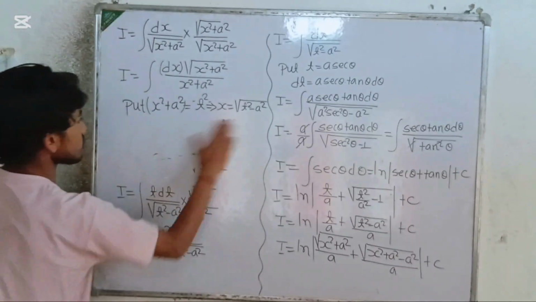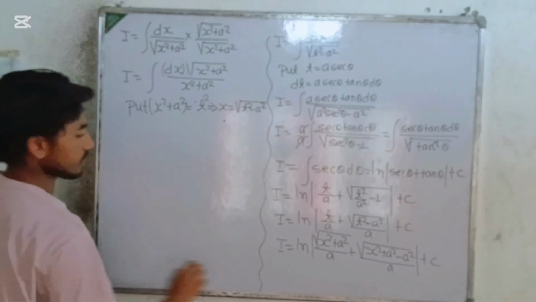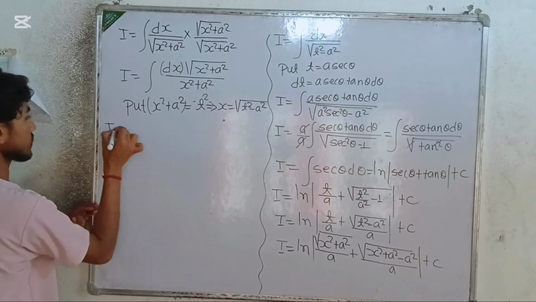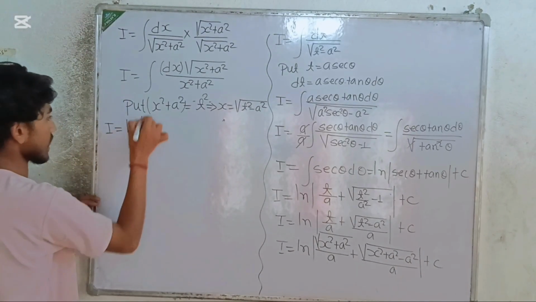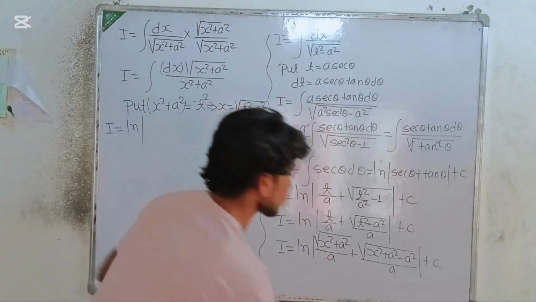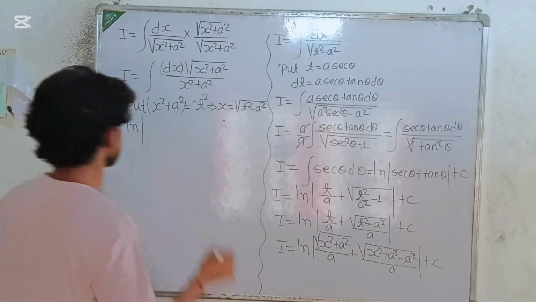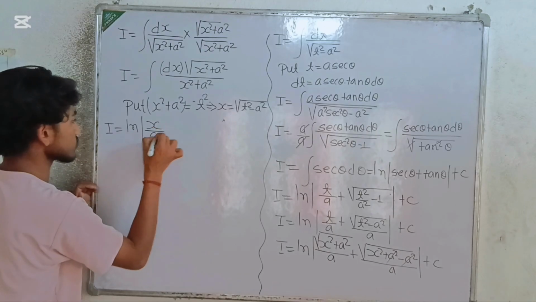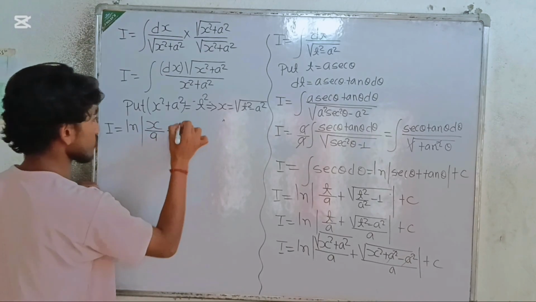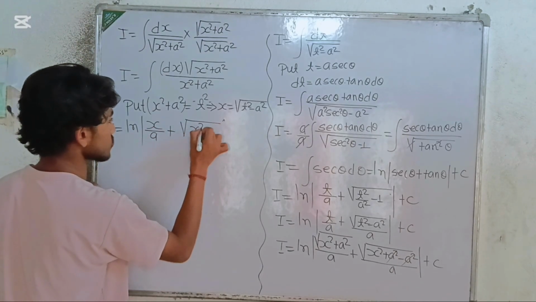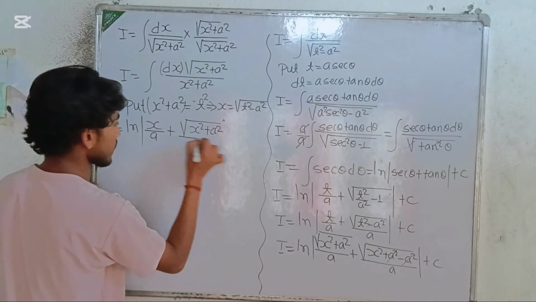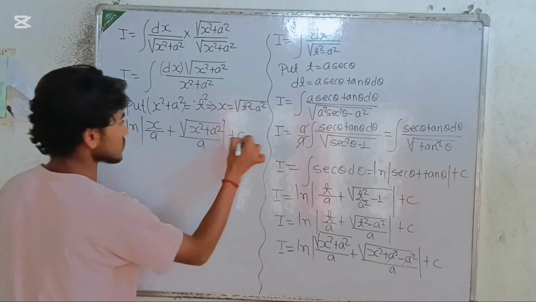So I am going to erase it, and I got my I is ln. What I am left with is this is going to cancel out, and the a squared term is going to come out of the bracket, and it is going to be x over a plus the square root of x squared plus a squared, over a, plus c.